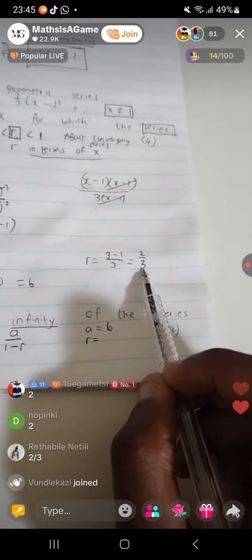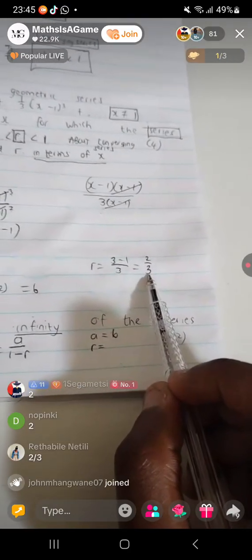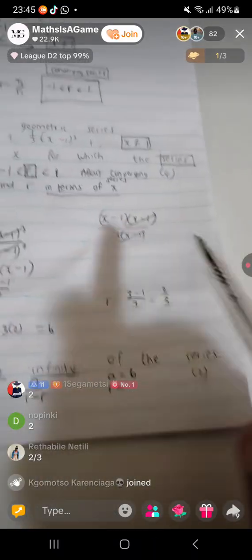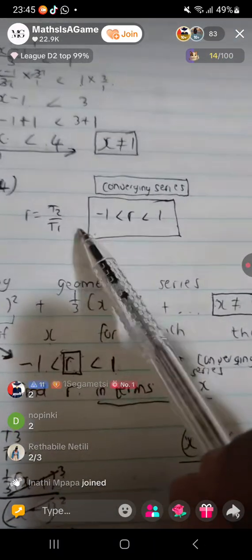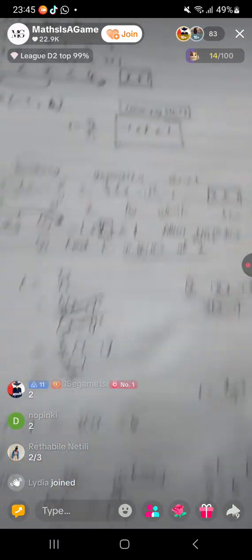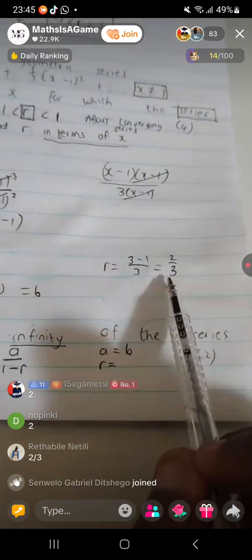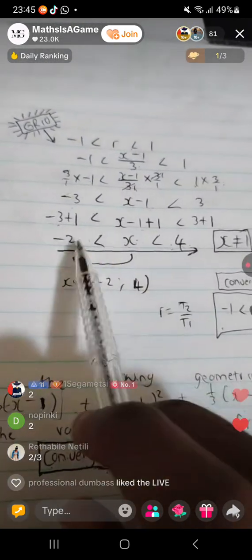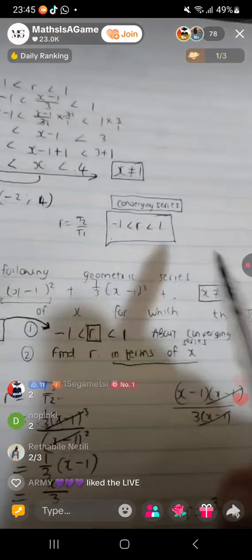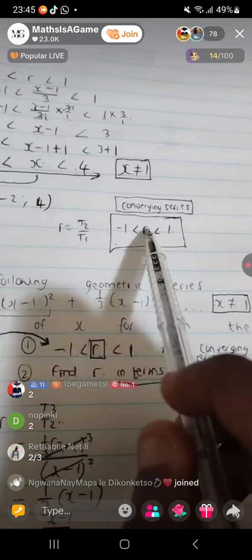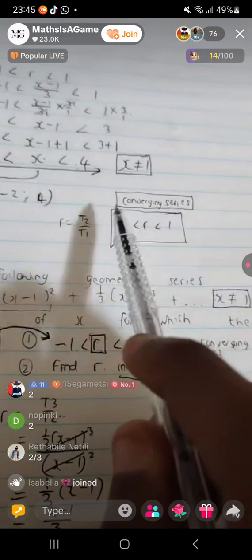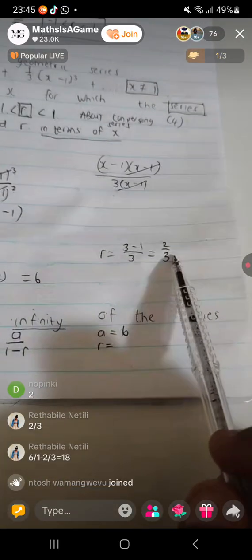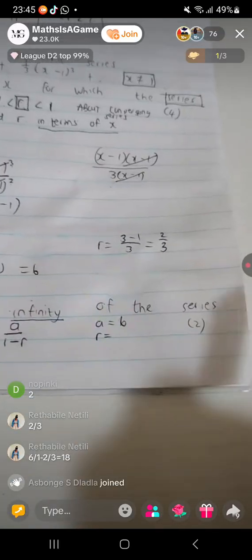This value of r, which is 2 over 3, is between -1 and 1. So it is really values of x between -2 and 4 that will give us values of r, the constant ratio, between -1 and 1. So truly our r value is 2 over 3.